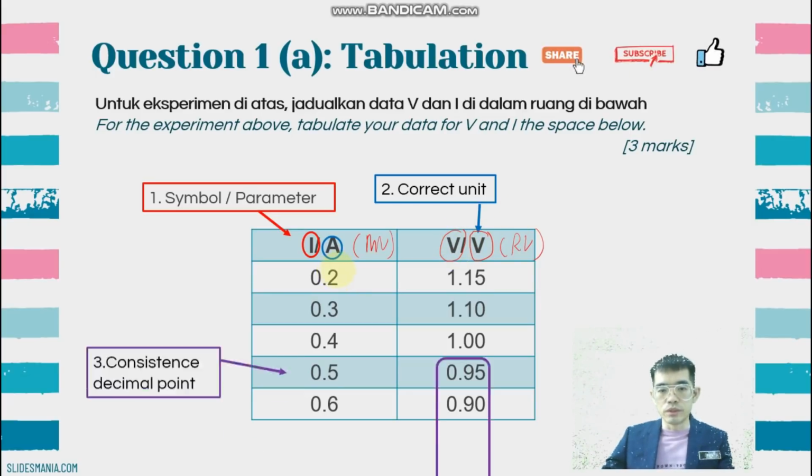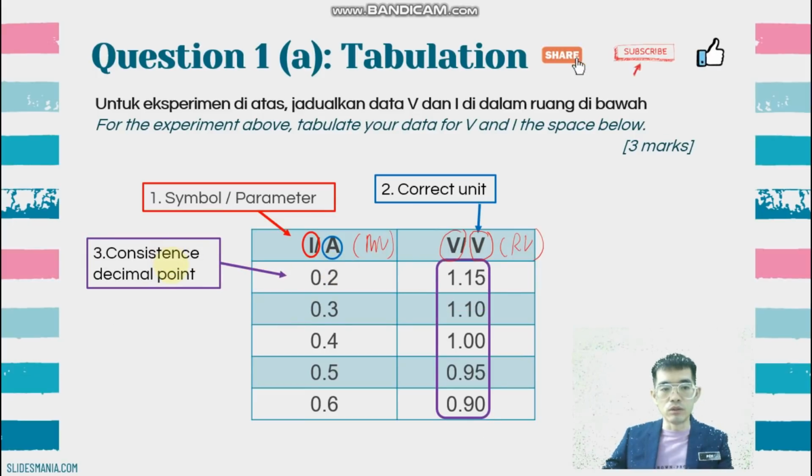Next, you must make sure that you give a consistent decimal point. For example, here you can see the current reading will always be with 1 decimal point, so 0.2. The reading of the ammeter must follow the sensitivity of the ammeter, which is here 1 decimal place.